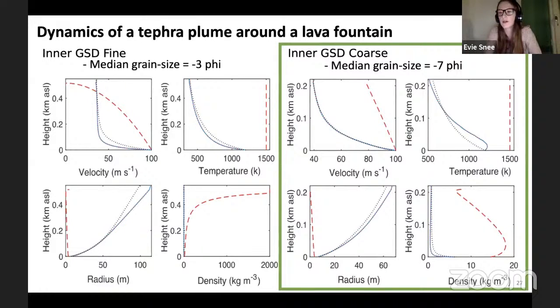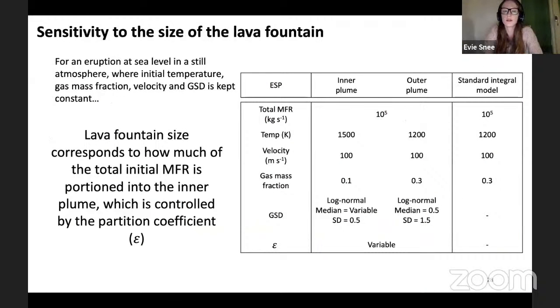However, we see a point where we end up having a lot of really quite high particle fallout as well, still going on, and the rate of entrainment slowing down. So we see the density decreasing. This here is just an artifact of the model due to the width of the lava fountain becoming smaller than the particle size in the plume.